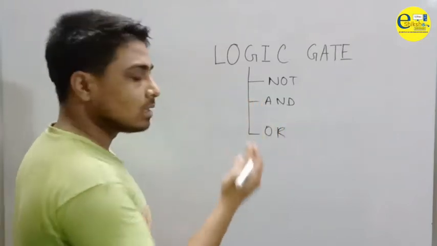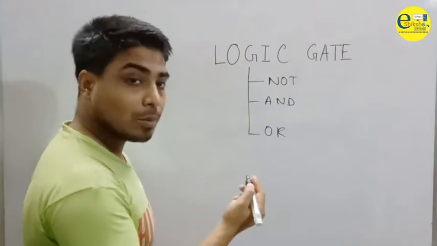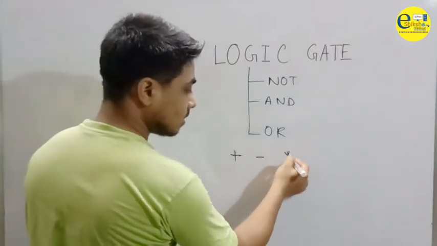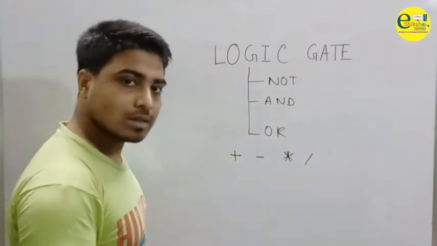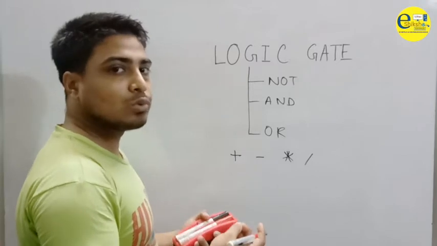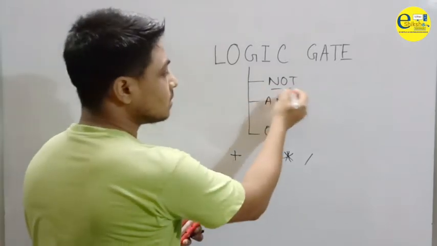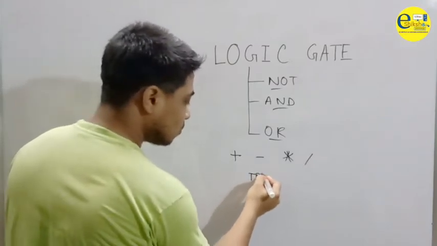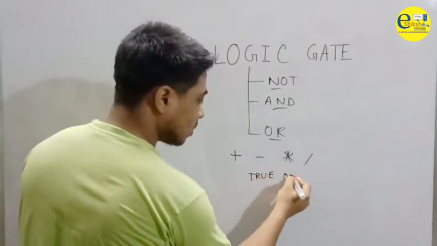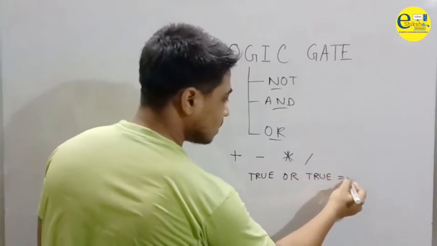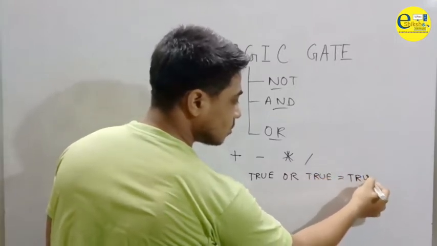In mathematics, you already know about the arithmetic operators like addition, subtraction, multiplication, and division. Similarly, in logical operation, we do the operation with the help of these logical operators, like true OR true implies the result true.